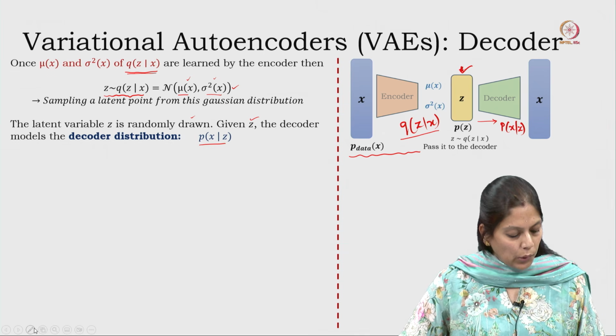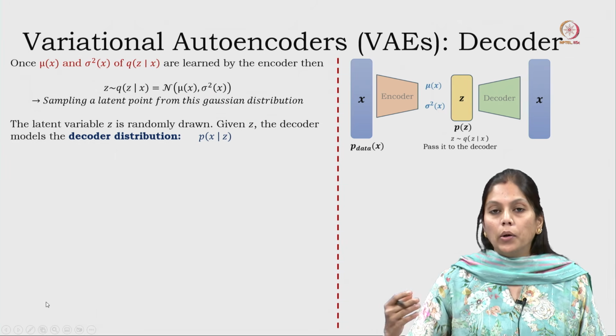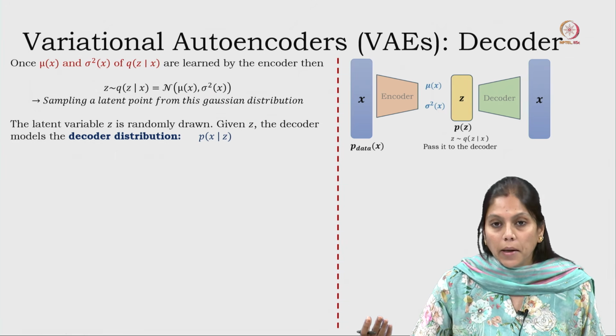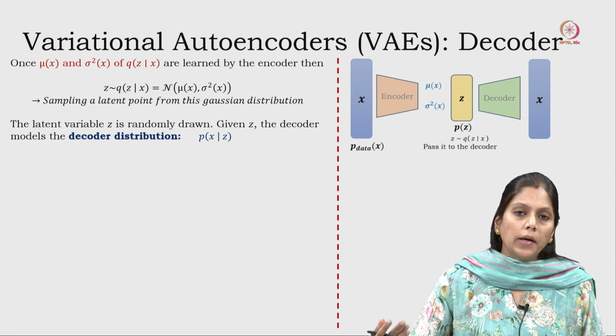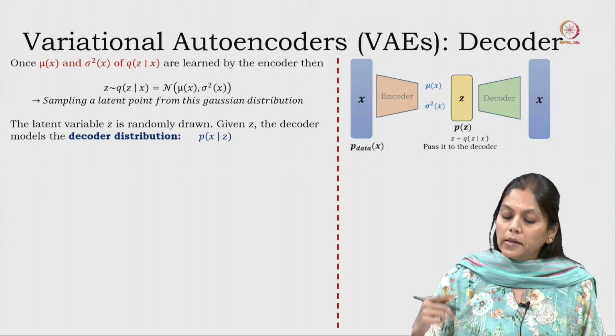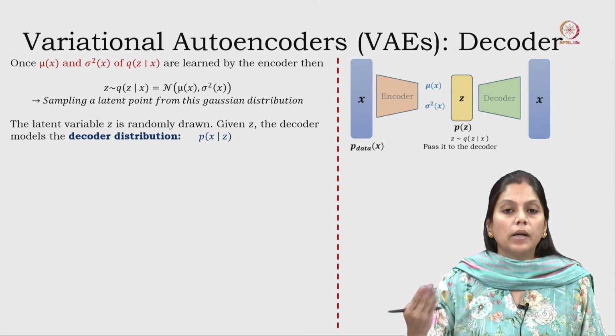Now, what is the role of a decoder? The decoder has to reconstruct the data back, because VAE is a generative model. At the same time, the decoder has to give us an output.